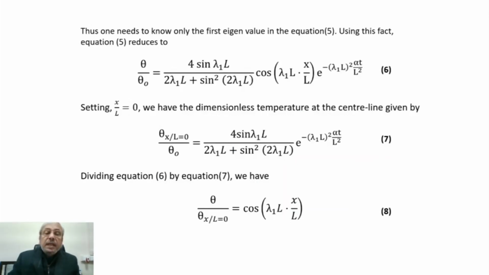So basically, as we have already found out, theta by theta naught is given by equation 6, theta at x by L equal to 0 by theta naught is given by equation 7, and theta by theta at x by L equal to 0 is given by equation 8.